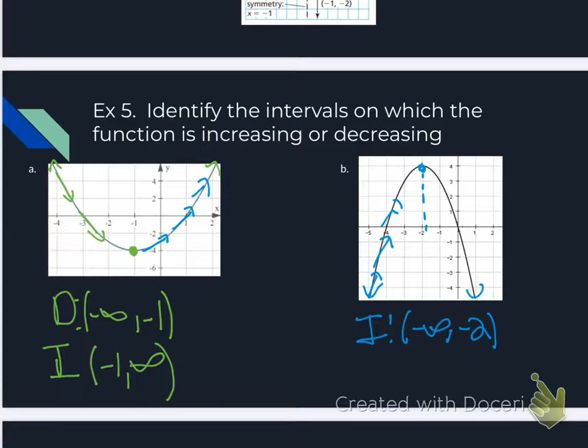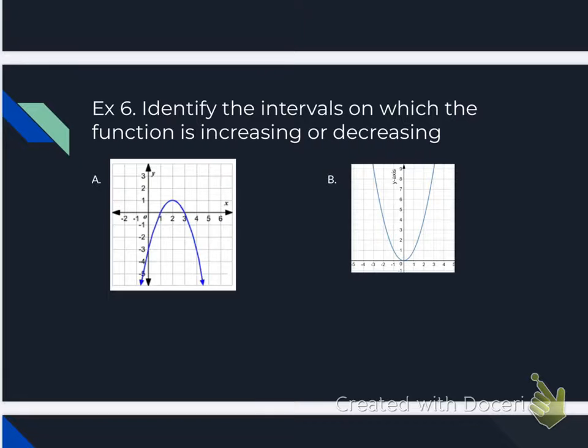And then at -2, it switches. Now it's going down. So we say it's decreasing from -2 to positive infinity, because it's going this direction on the x, so to positive infinity. You're looking at what the x is doing, not the y, when you write that.